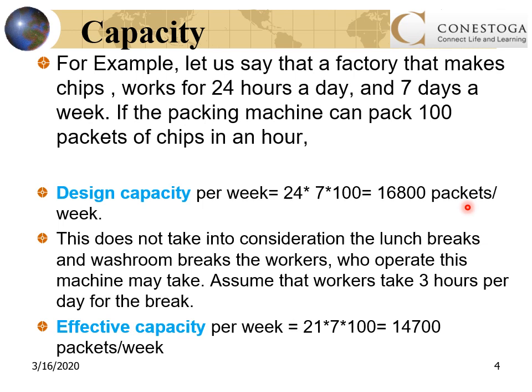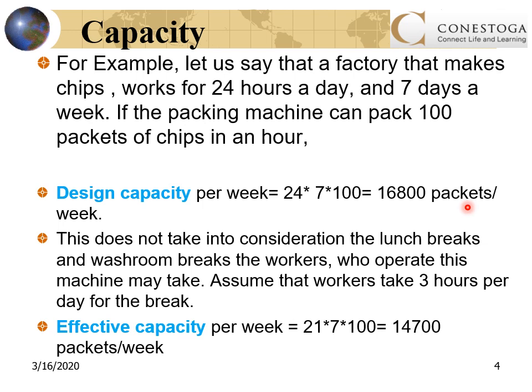the machine, for example, the workers who are operating this particular machine, are working throughout the day, 24 hours without taking any break. They are working, but in practice, this is not at all possible. Typically, there will be a lunch break, washroom break, and so on.